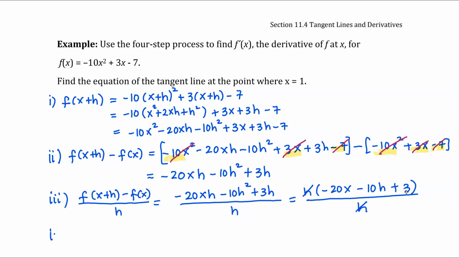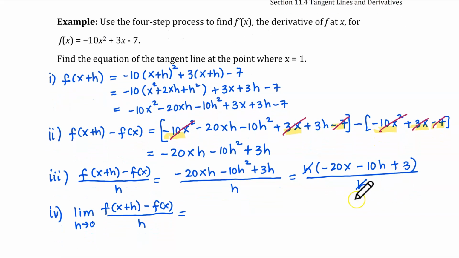Now as a fourth step, we then take the limit as h approaches 0 of (f(x + h) - f(x)) divided by h. So we use this result here and take the limit as h approaches 0. So we have the limit as h approaches 0 of -20x - 10h + 3.